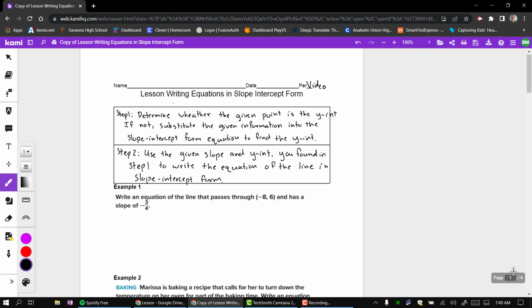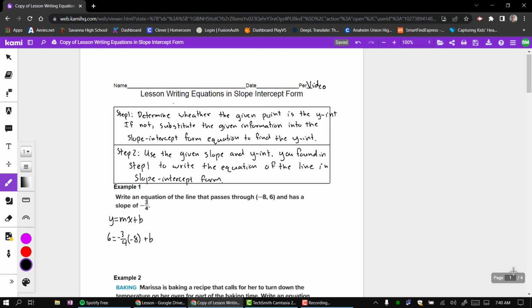So as it says, I'm going to substitute that in to my y equals mx plus b. This is my slope-intercept form. So put in the number. So the y value is 6. The slope is negative 3/4. The x value is negative 8. And we're solving for b.